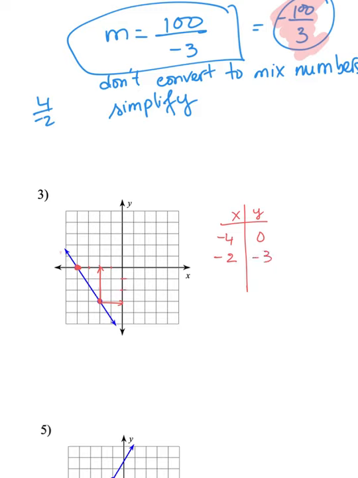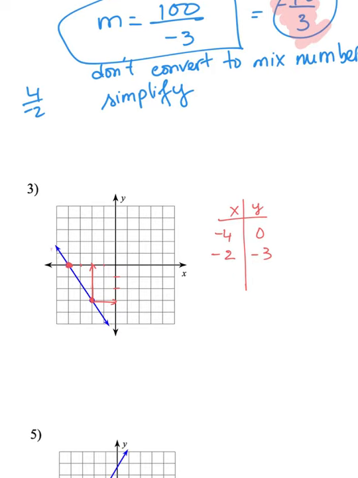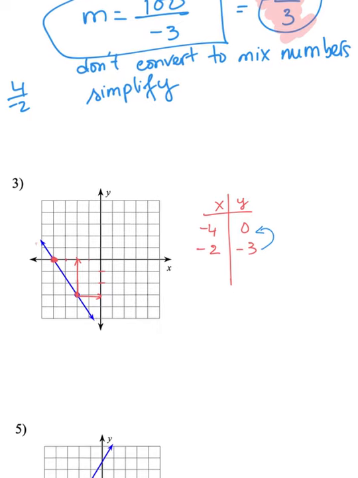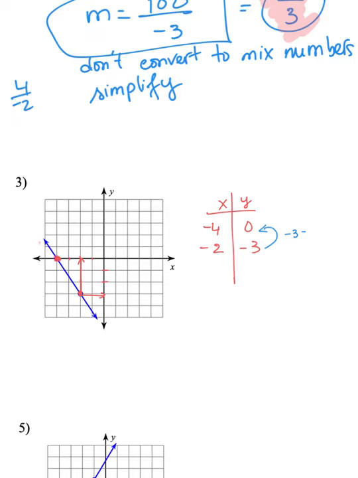Okay, so it is your choice to do top subtract the bottom or bottom subtract the top. In the other examples, I did top subtract the bottom. I'm going to do the opposite way. Let's do the bottom subtract the top. So -3 minus 0 is -3 for the change in y. Change in x, make sure the bottom subtract the top. -2 minus -4.